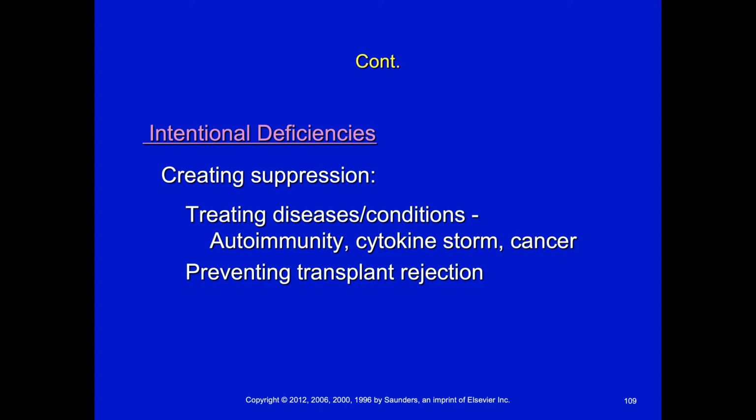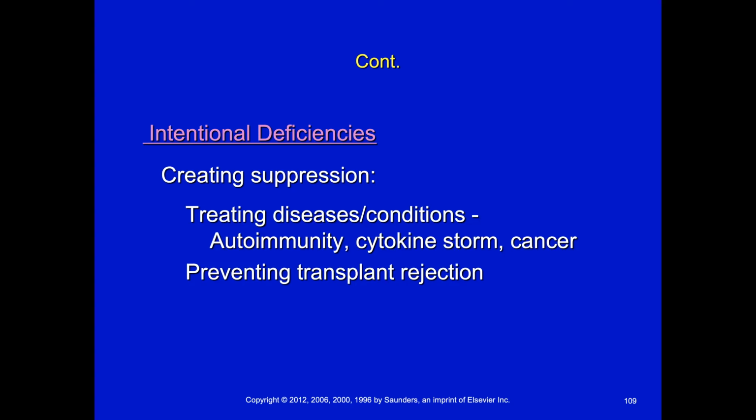Also, preventing transplant rejection. Transplants, unless it's from an identical twin, will always result in some form of rejection. If the match is not a good one, you can almost get immediate rejection.